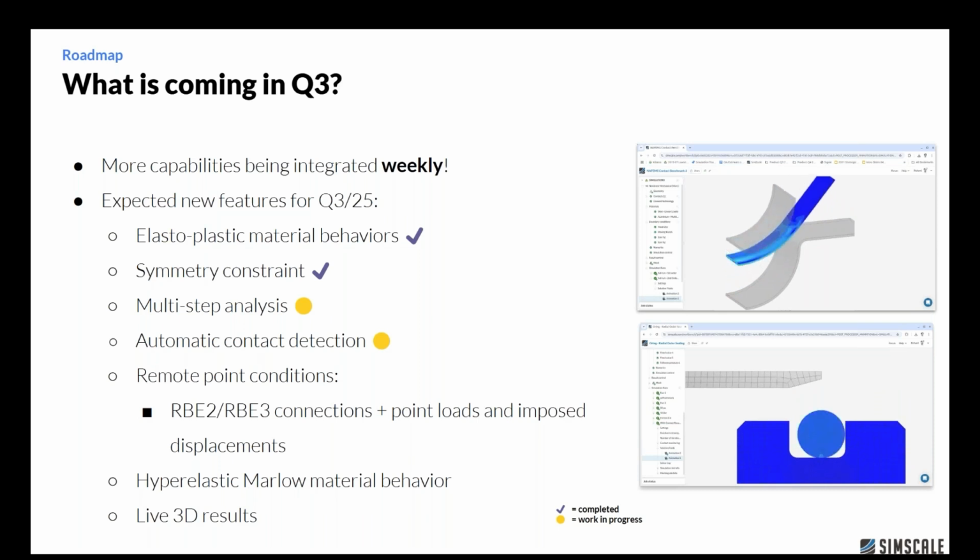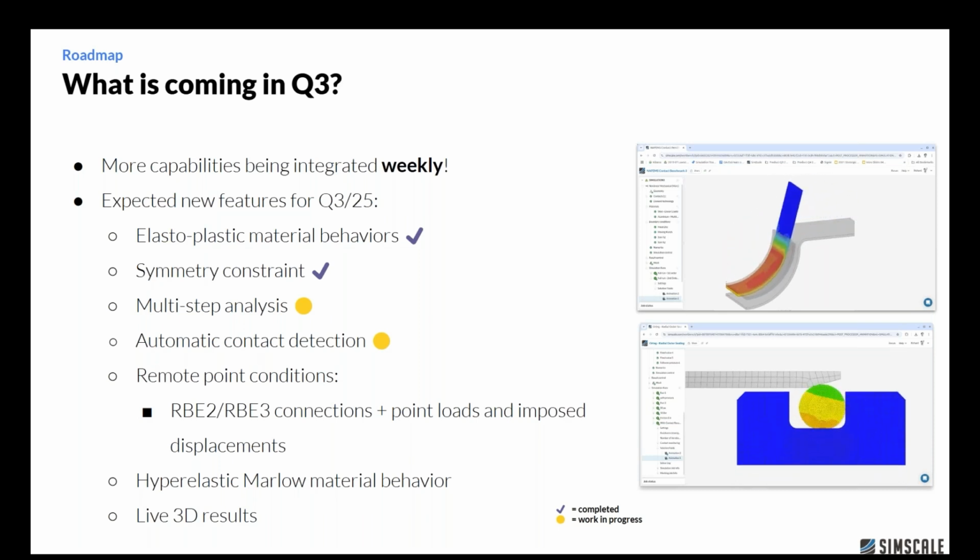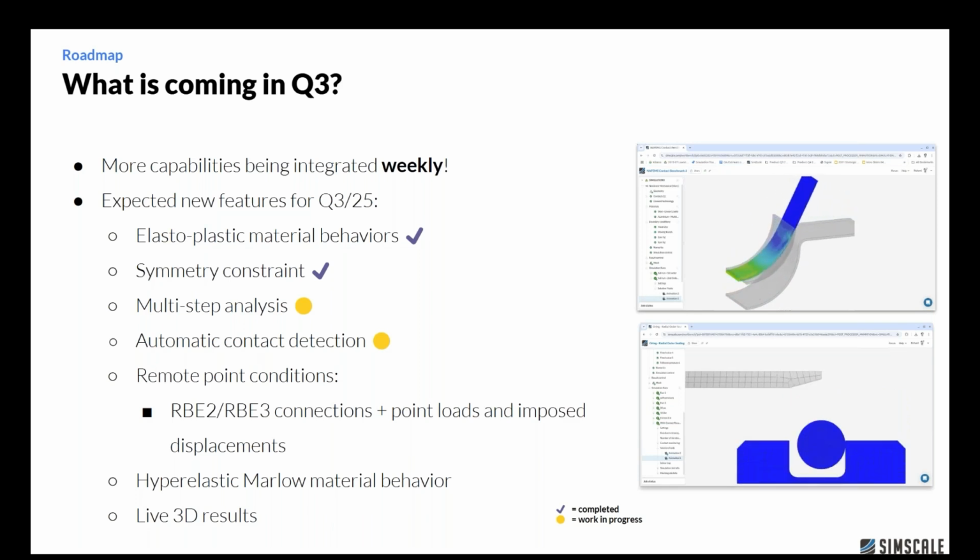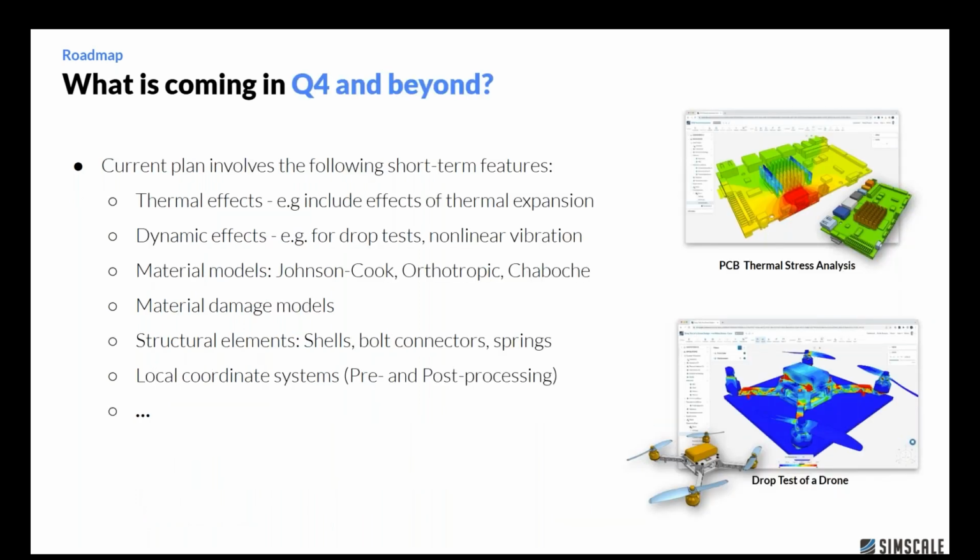So you don't need to do data fitting onto material parameters. You just directly use the test data to define the material. This will be available end of this quarter, and then we'll add more as we go. Most promising candidates are the Chaboche material model for thermomechanical fatigue cases as well.